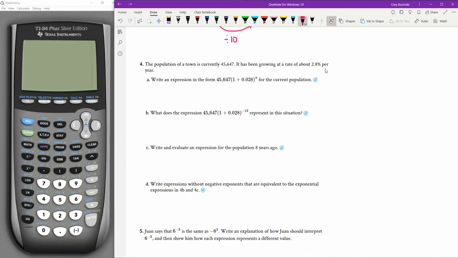All right, the population of a town is currently 45,647. It's been growing at a rate of 2.8% per year. Write an expression in this form for the current population. Oh, as in right now. Yeah, okay. So currently that's been growing.